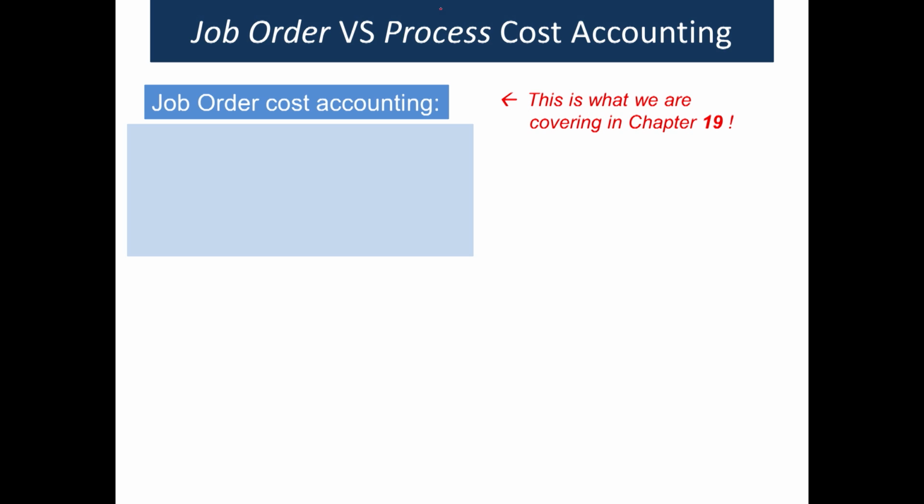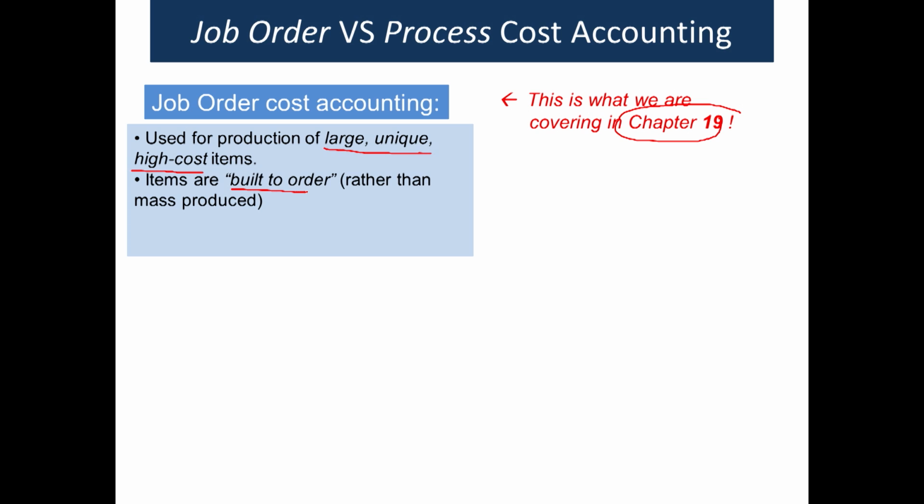Chapter 19 is instead job order cost accounting. This is the production of large, unique, high-cost items. They are essentially built to order rather than mass-produced. And we're going to see that a lot of items can be directly traced to each job.